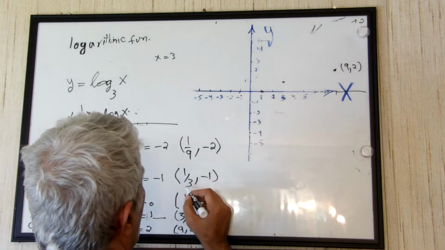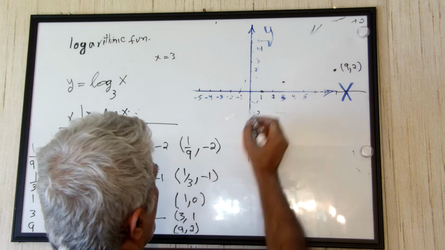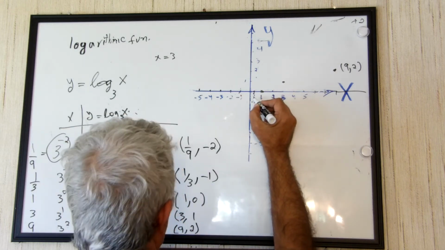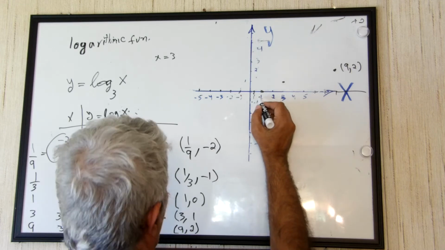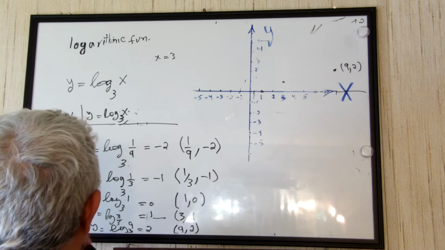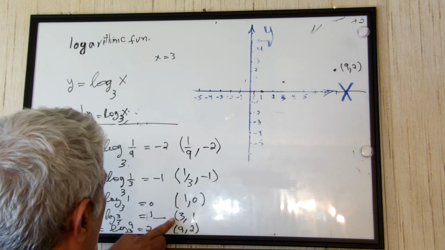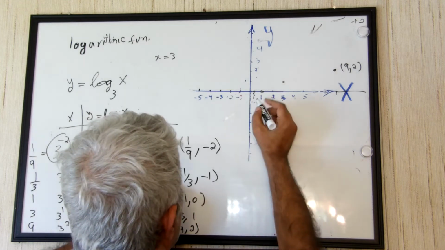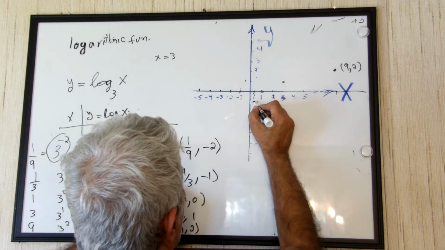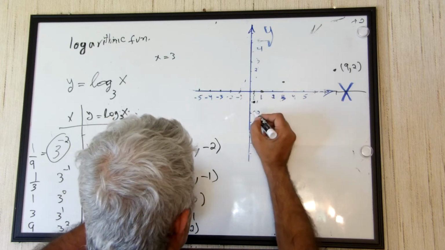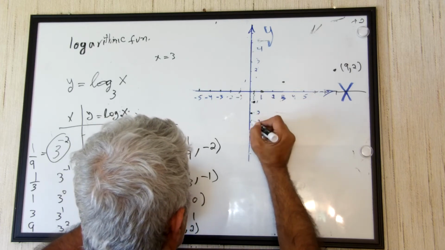1/3 means somewhere here, okay, 1/3. See this one, we're talking about this one. 1/3 is going to be minus 1, it's going to be here, and then 1/9 is going to be minus 2, something very close to this one.